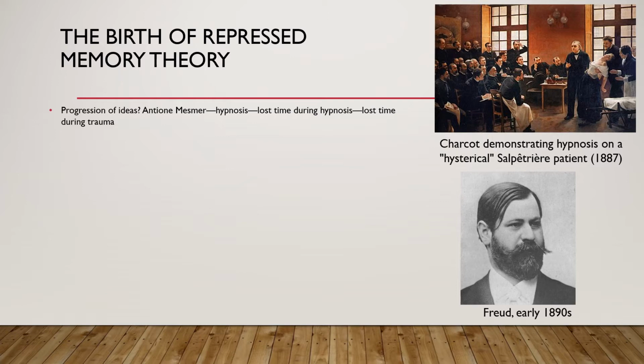Now, it was not until Freud, in my opinion, that it was laid out in straightforward terms that you can be traumatized and then you can lose time during that trauma, and then you can recall that trauma later. So the memories are stored, but blocked completely, and then you can recall them later.